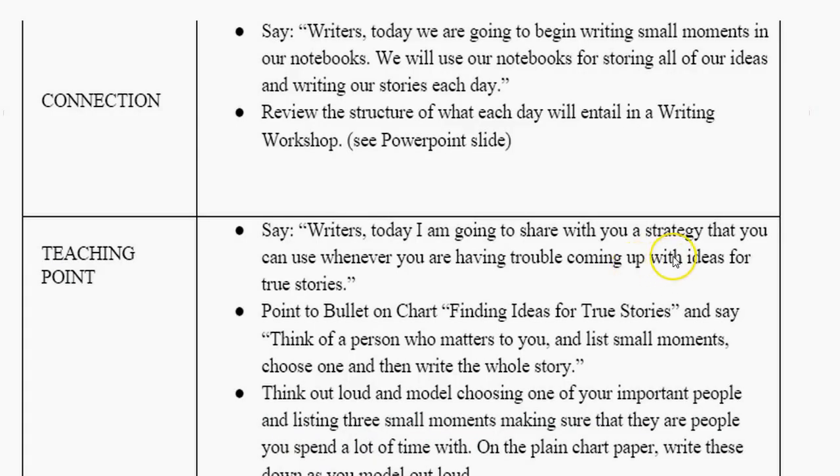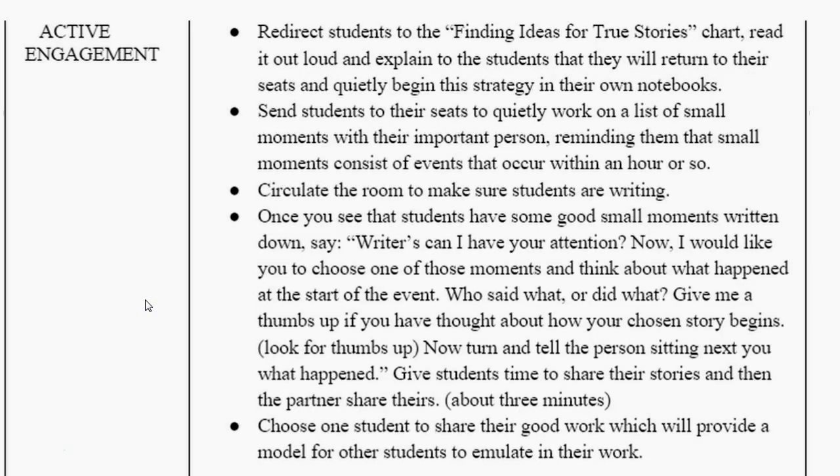So here's kind of the format. Briefly, we have our connection, and it tells us specifically what are the things that we should zoom in on as far as the connection is concerned. The teaching point: what are the top things during that mini lesson we should make sure that we are doing with our students.